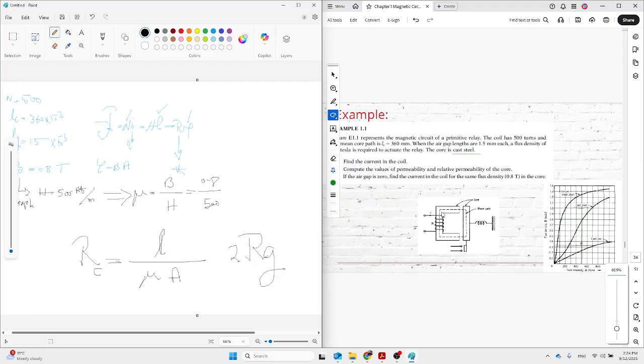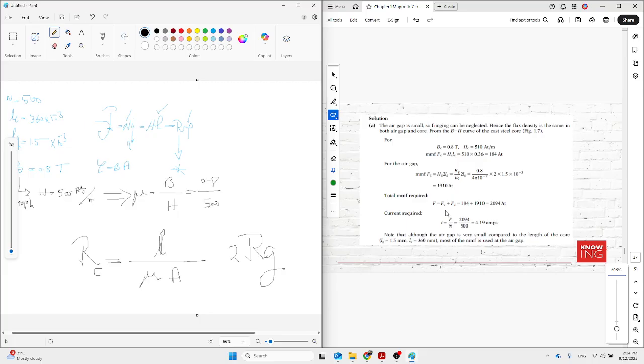We have 2 values for Rg, the same value, but we have 2. You can see here is mentioned 510, based on the graph. It's not wrong, but accuracy is up and down.